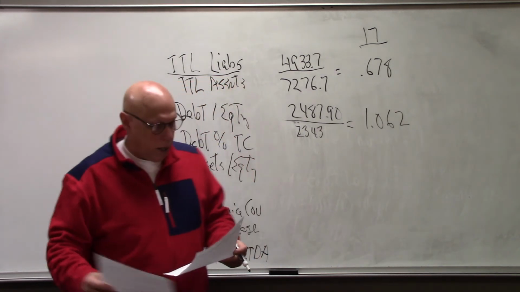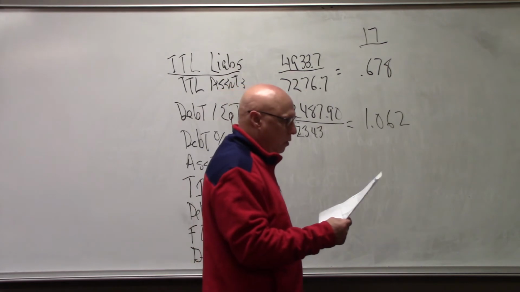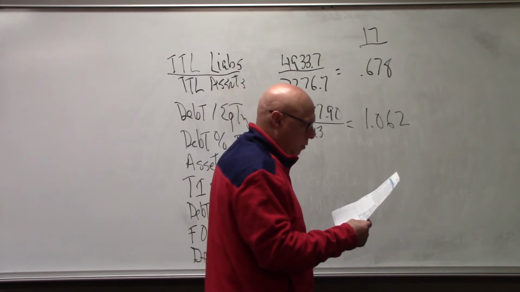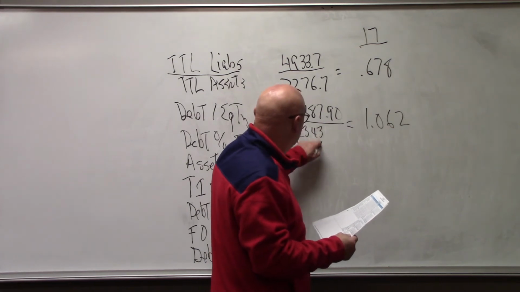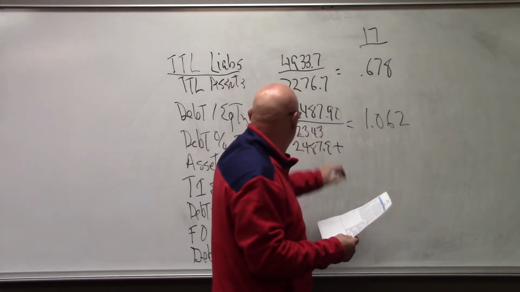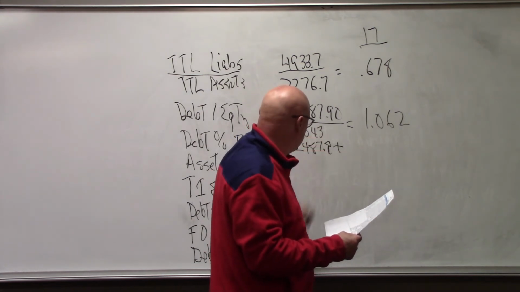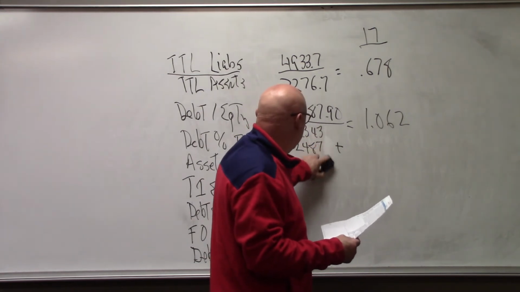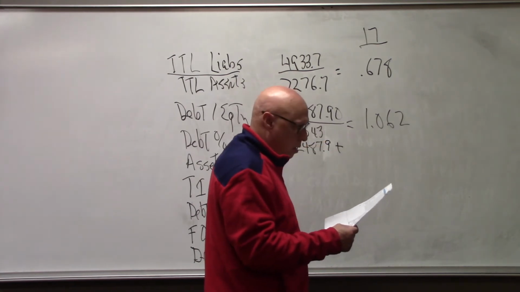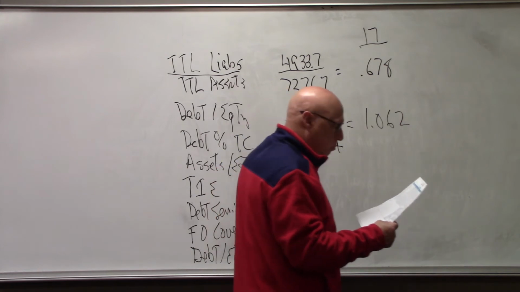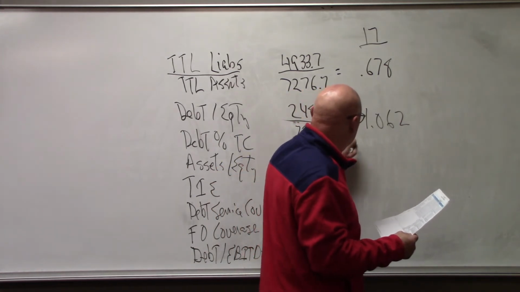Okay? Now, debt as a percentage of total capital. So we have total non-current liabilities of 2487.9 plus equity of 2343.